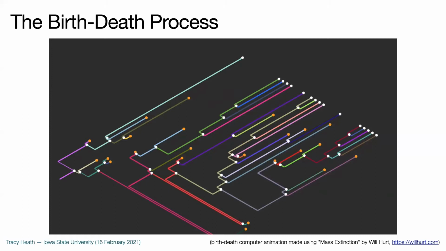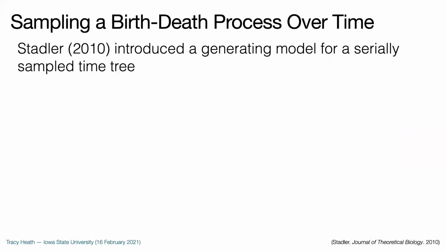So we can now consider if during this process there's some other process that's allowing lineages to be preserved in the fossil record and eventually recovered by paleontologists. And so if we have such a process, we might get lineages that are preserved in our rock record, and these would occur as snapshots of this process back in time. And so this is what we're essentially assuming for this serial sampled birth-death process.